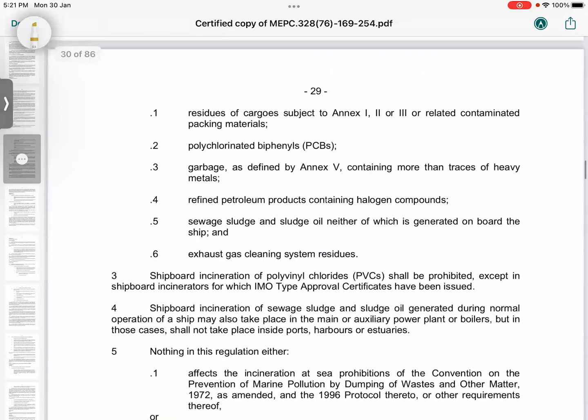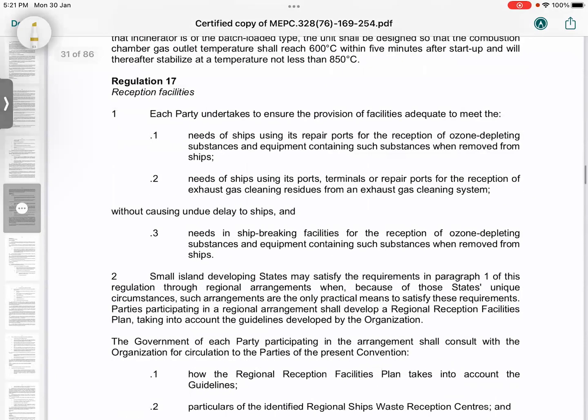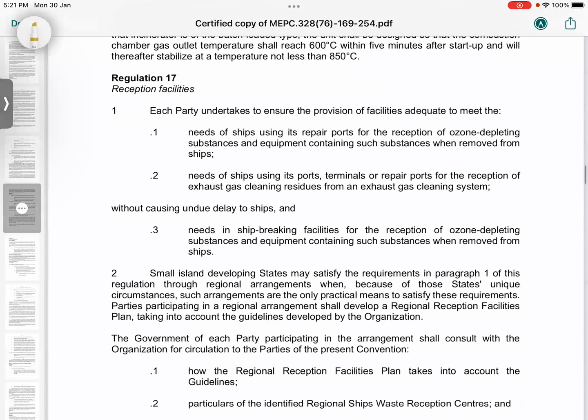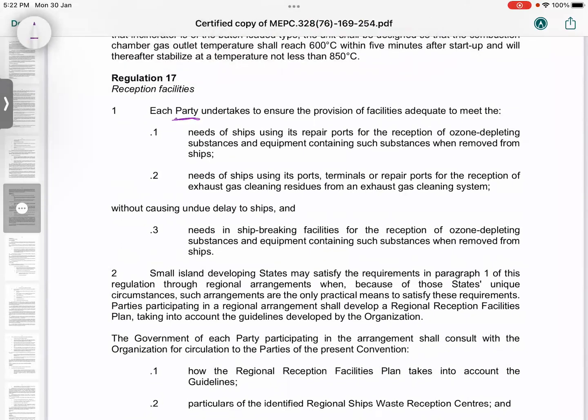Reception facilities, इसमें क्या what they are saying over here is that जो भी आपकी parties हैं, parties means the flag state, right? So flag state they must take the sufficient measures ताकि उनके पास reception facilities होनी चाहिए, right? Reception facilities हमें क्यों चाहिए?